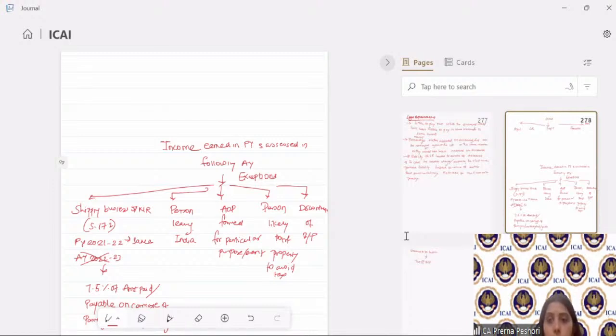Any doubt if you have? Any doubts if you have, we can take it up before we close the session. Otherwise, I have completely dealt with all the provisions.